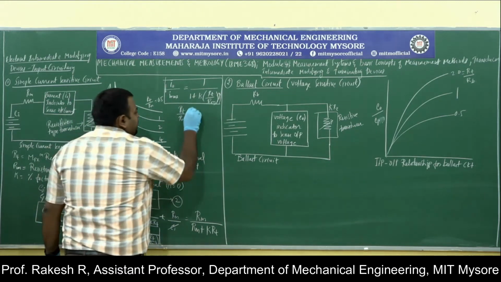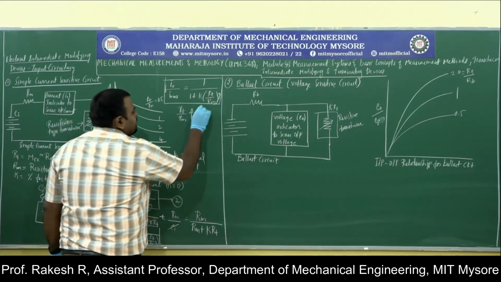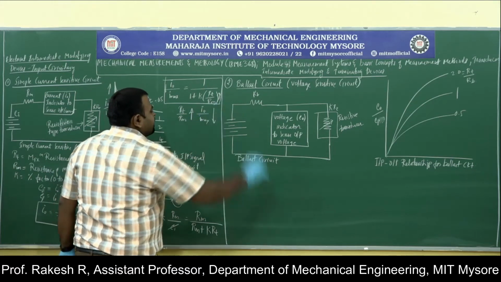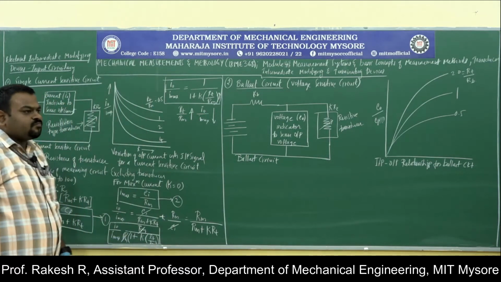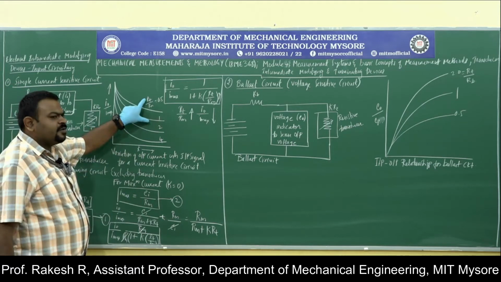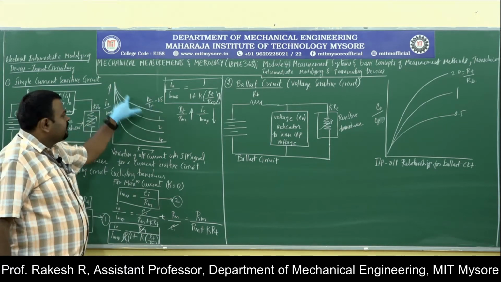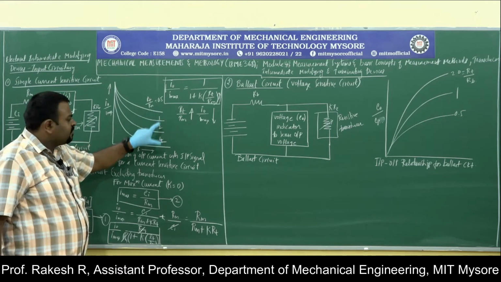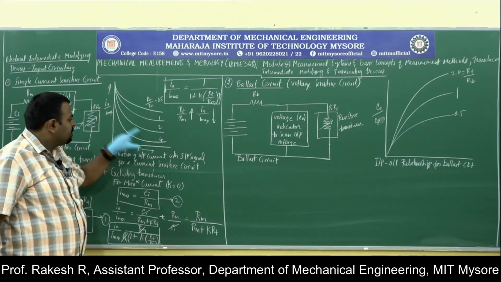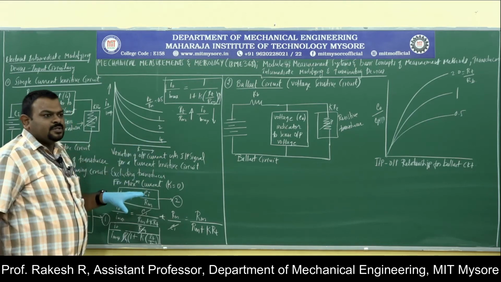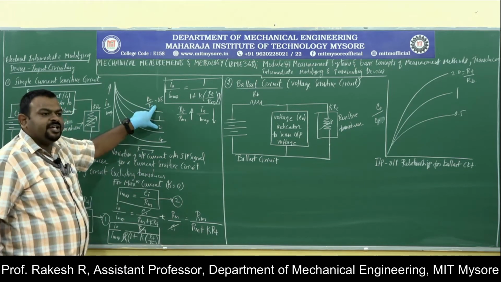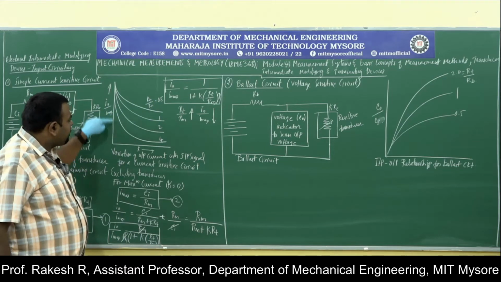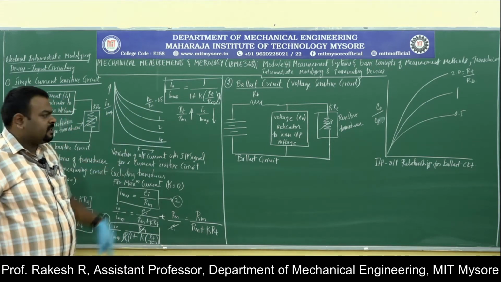So if you increase RT by RM, I naught by I max will get reduced. See the value for 0.5, it has the maximum value. For 1, it is reduced. For 2, it is reduced. For 4, it is reduced. So as you increase the ratio of resistance RT by RM, the value of I naught by I max will keep reducing.